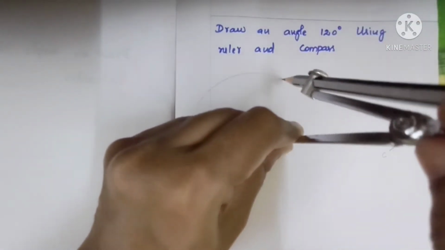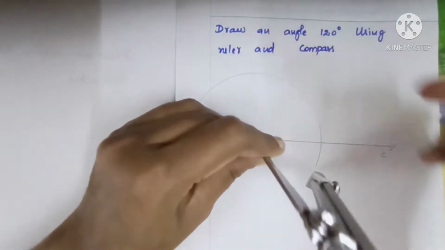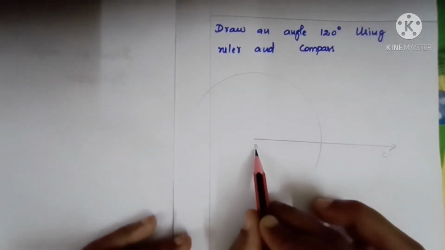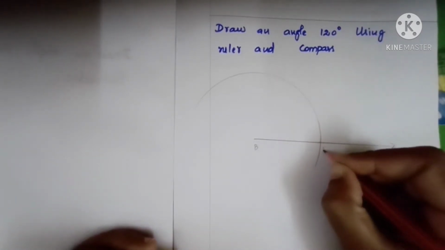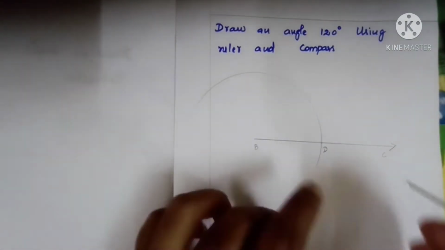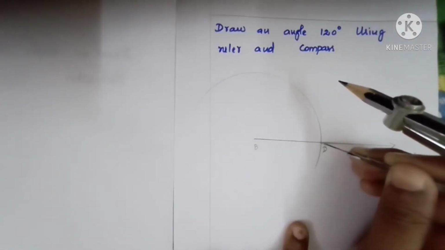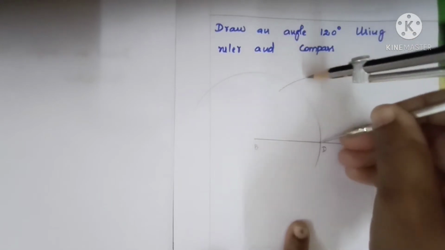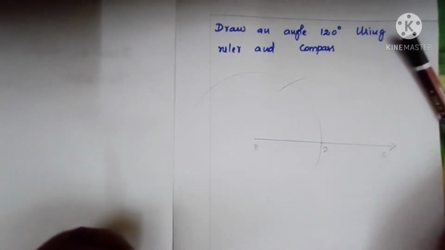It's an obtuse angle, so draw an arc up to here. It cut the ray BC at D. With D as center, with the same radius, draw an arc. It cut the previous arc at E.